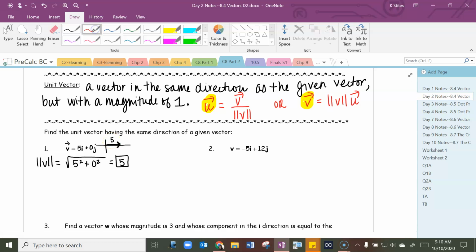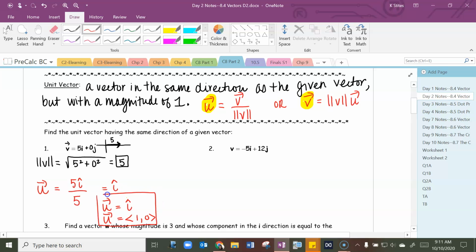All right, so to find our unit vector, all we have to do is take the original vector, which is 5i, and I like to put the little hat on it, and we divide it by its magnitude, which just gives us i. Okay, so our unit vector is i, or if you want, you can say your unit vector is <1, 0>. The 0 is there because, again, we do not have a j component or a y component.